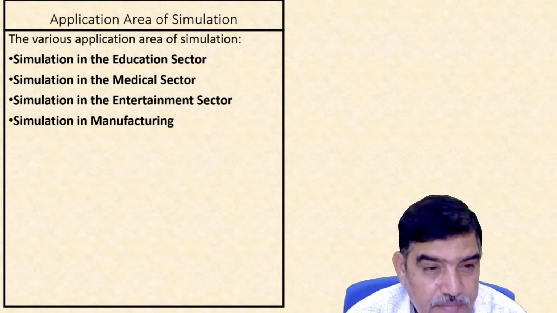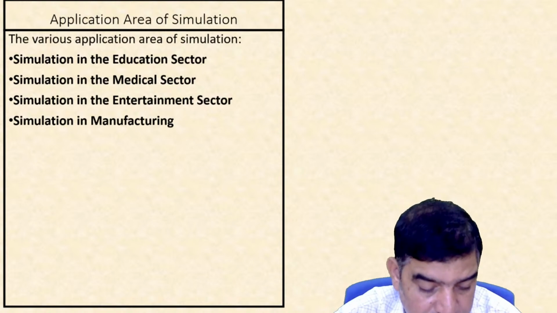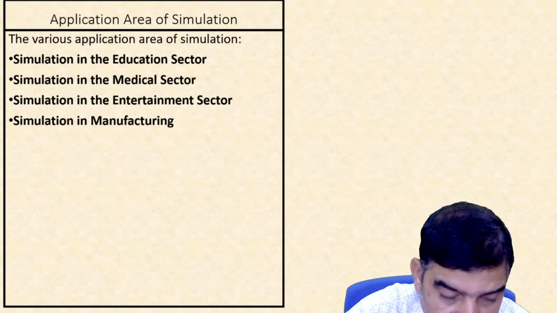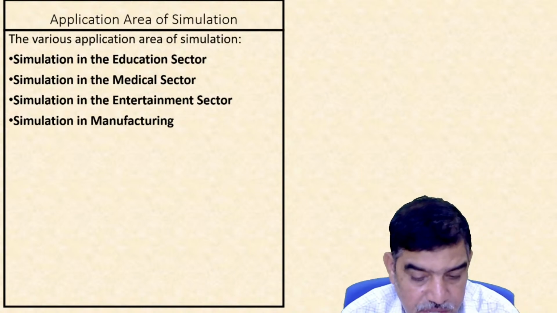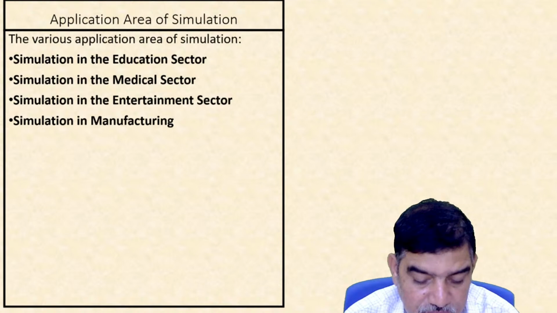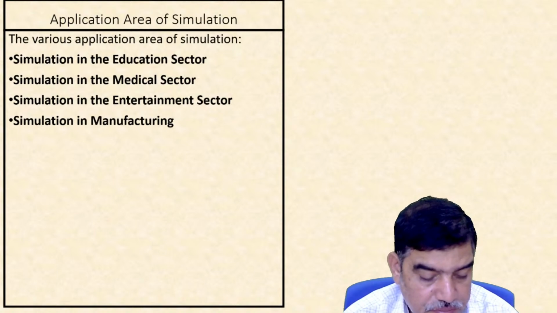Then film. Film is also one part of the entertainment sector. It refers to one of the most important applications of simulation. In the field of entertainment, simulation models are used to provide 3D computer graphics and special visual effects in films.